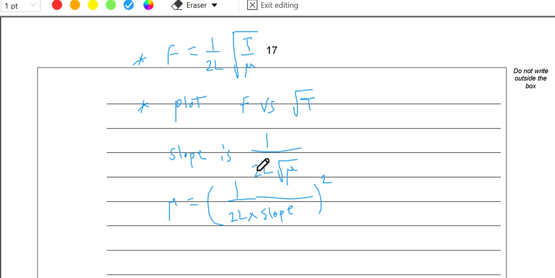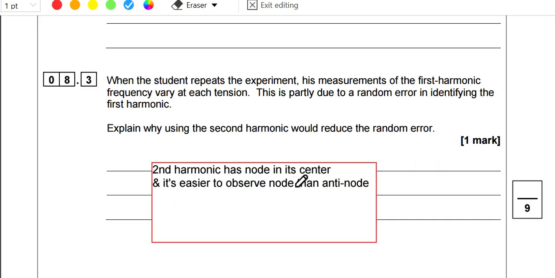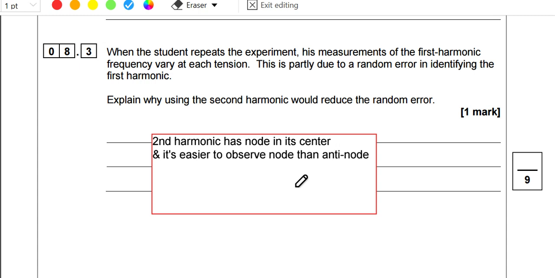So we will have the slope 1 over 2L square root of mu, and to get mu, we can rearrange this way. Using the second harmonic will reduce random error, because the second harmonic has a node in its center and it is easier to observe a node than an antinode.